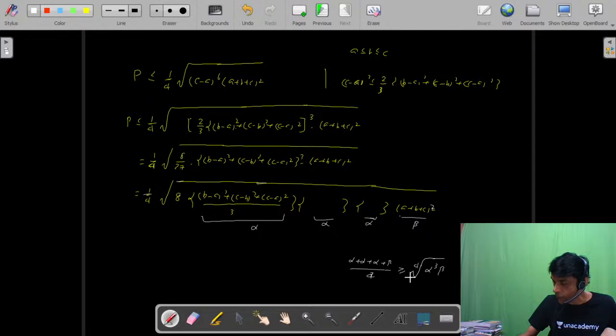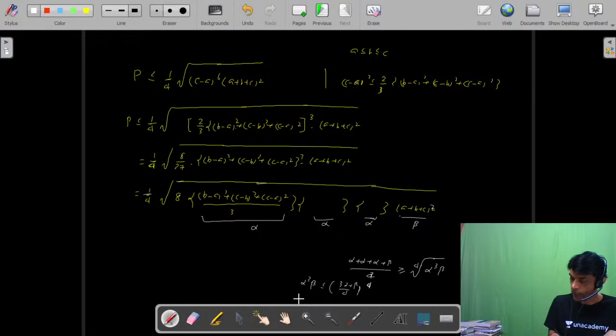So it means that I can write alpha cubed times beta, that is here 3 alphas, and this is less than or equal to ((3 alpha plus beta) by 4) to the power 4. Are you getting my point? This is the tricky part. So I have just written the new thing, alpha and beta.